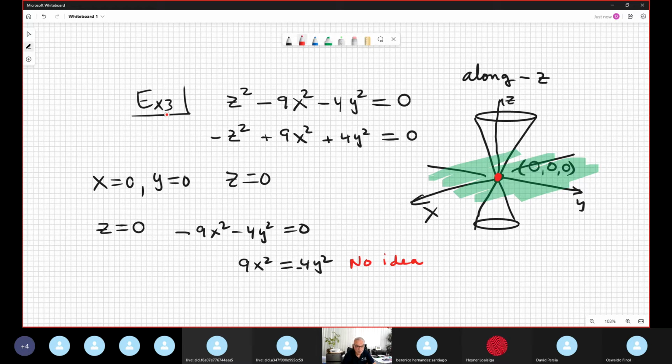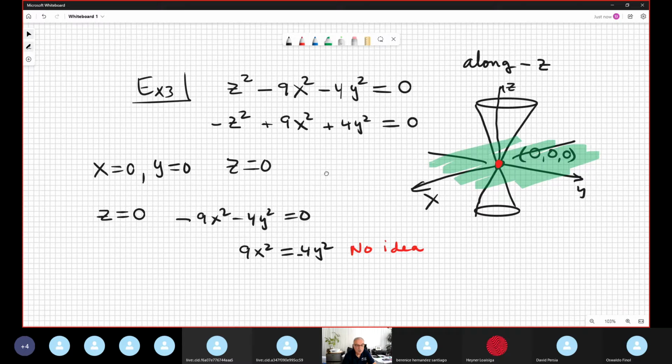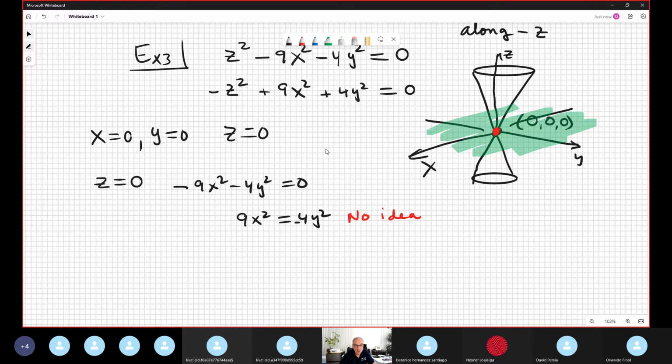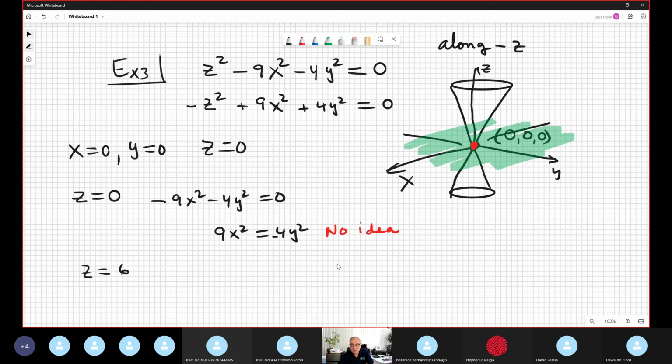However, you can do the trace using arbitrary C, not zero, not always zero. I show you in the slider. Suppose C equal 6. Okay, I select intentionally one nice number here to show you the idea. Actually, this is a plane like that. C equals 6.